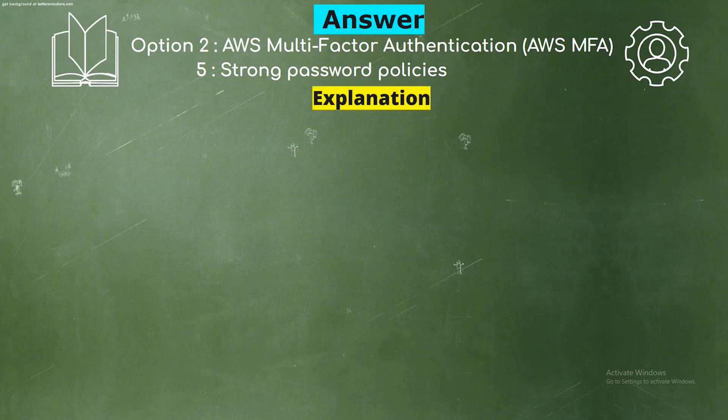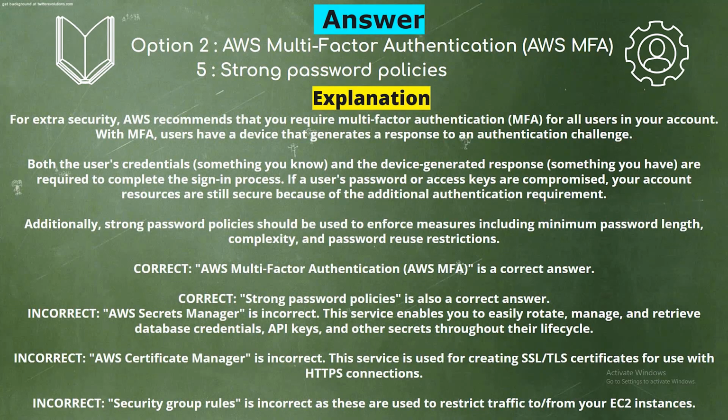Explanation. For extra security, AWS recommends that you require multi-factor authentication, MFA, for all users in your account. With MFA, users have a device that generates a response to an authentication challenge. Both the user's credentials, something you know, and the device-generated response, something you have, are required to complete the sign-in process.